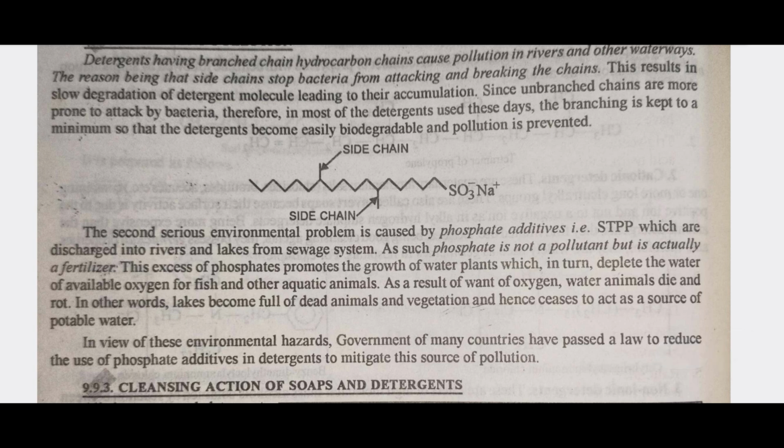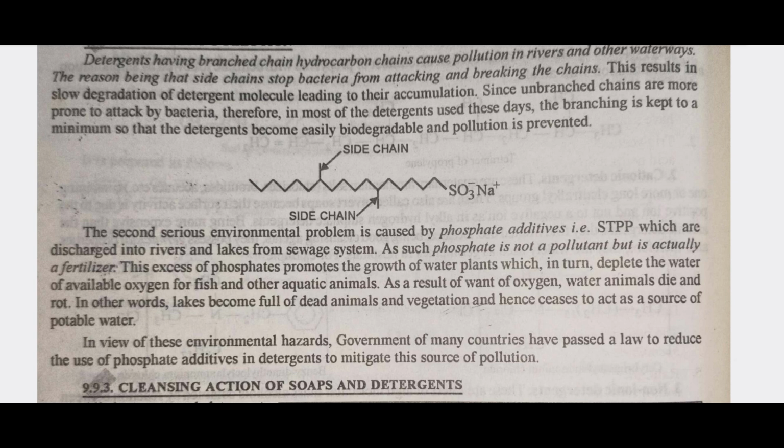The second serious environmental problem is caused by phosphate additives (STPP), which are discharged into rivers and lakes from the sewage system. As such, phosphate is not a pollutant but is actually a fertilizer. This excess of phosphates promotes the growth of water plants, which in turn deplete the water of available oxygen for fish and other aquatic animals.